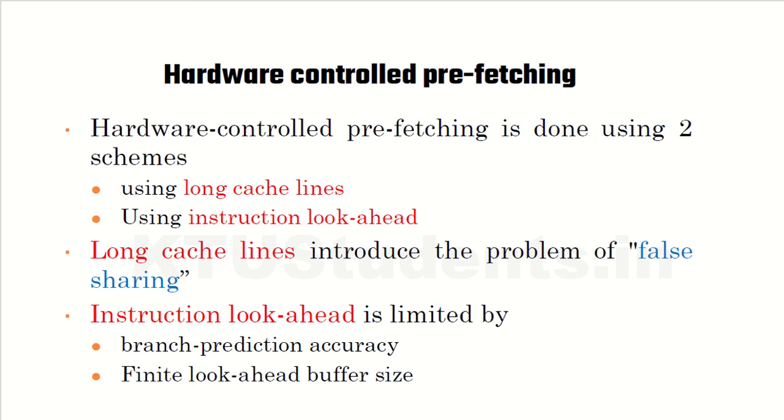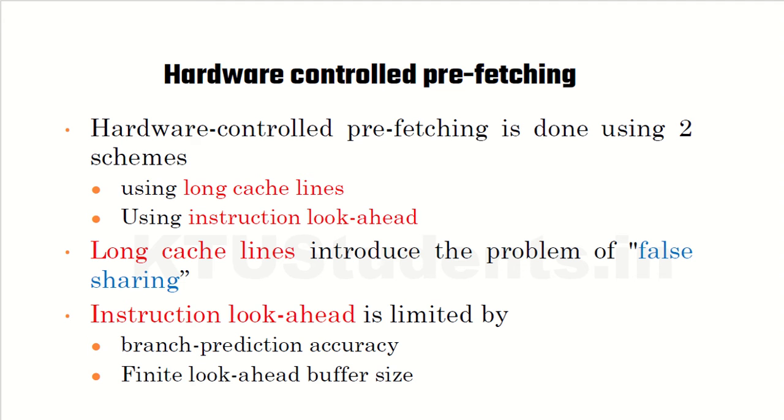The second method is, as we know from before, the instruction look ahead, and that is also a hardware based technique, where you have to employ instruction buffers or mechanisms like translation look aside buffers, which you can make use of for looking ahead at the instructions and planning the order of execution accordingly.